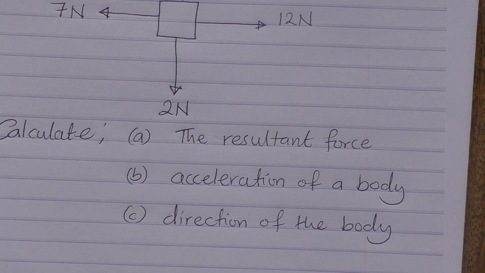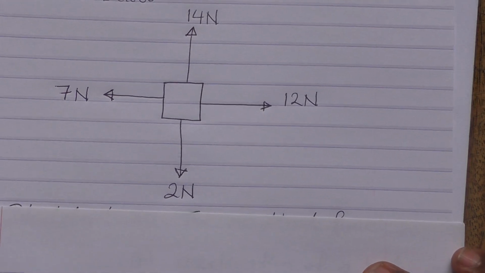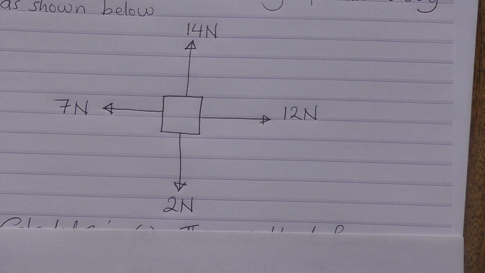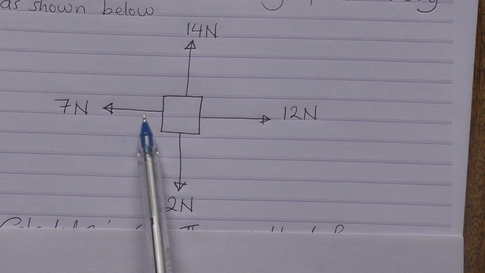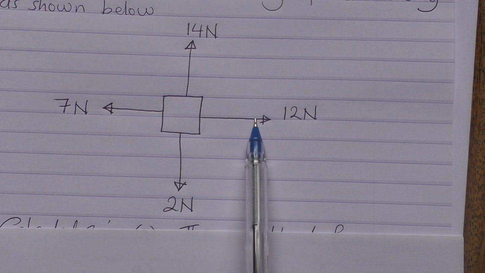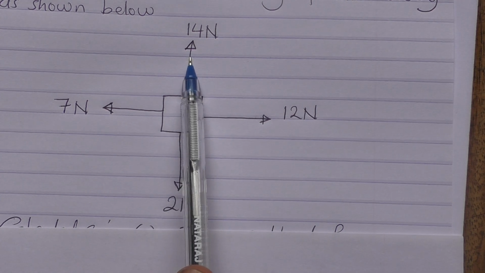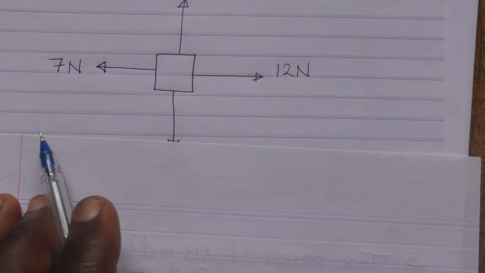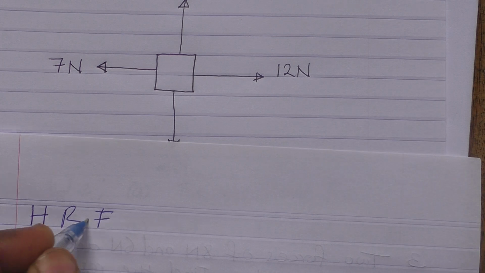Now, let us look at how we get the resultant force. These are our 4 forces, but we shall first of all consider forces that are acting on the body horizontally and those that are acting on the body vertically. So we can even say horizontal resultant force.